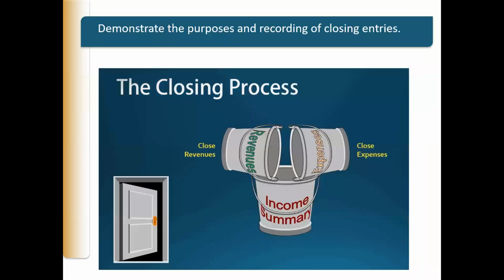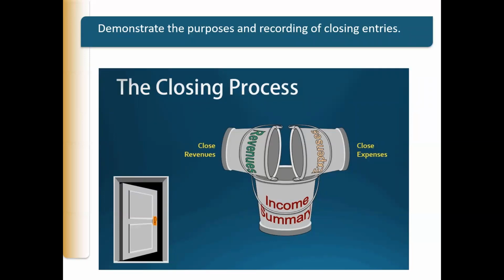We don't do it that way. We show our revenues for just the year or just the period. We show our expenses just for the period. And our net income isn't since the beginning of time, it's just for the period.